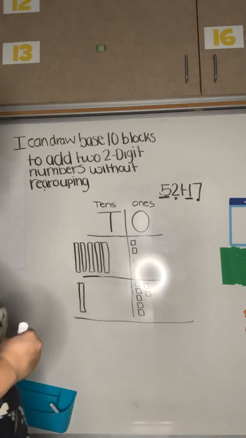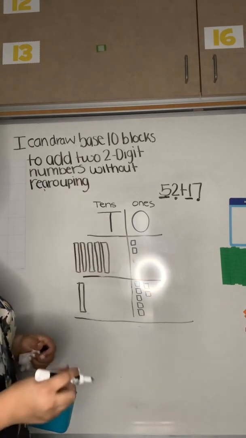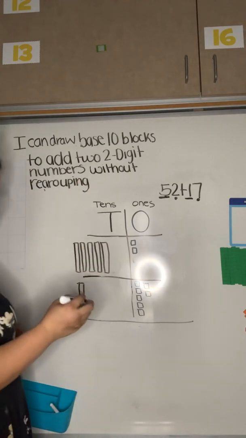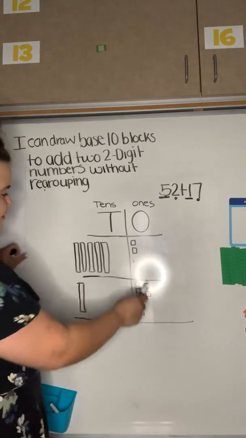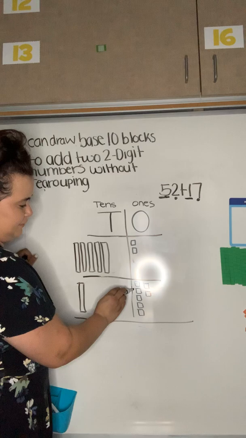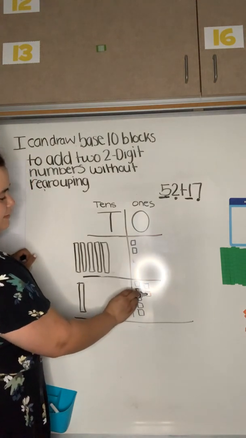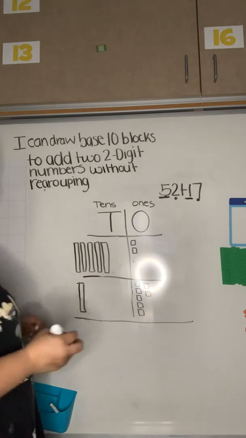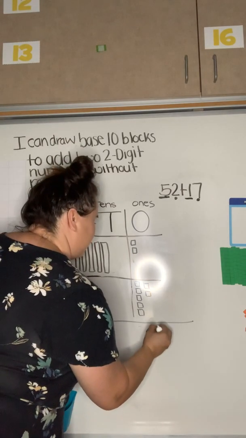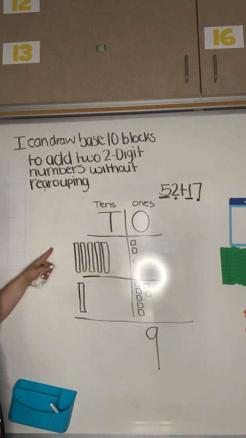Now we're going to add them all together. So let's add our ones side first. 1, 2, 3, 4, 5, 6, 7, 8, 9. So we have 9 ones. Now how many tens do we have?